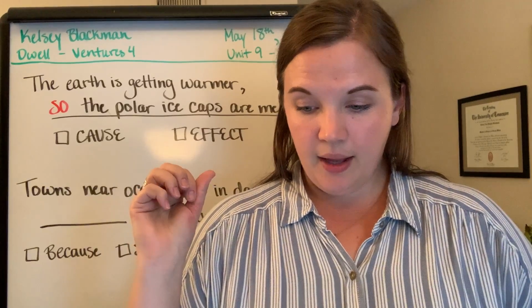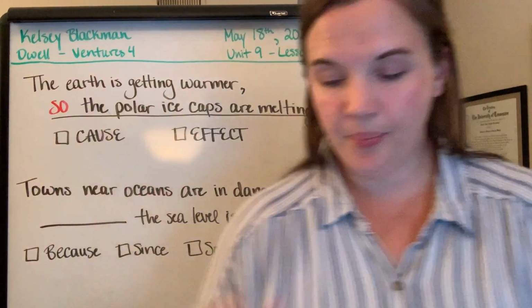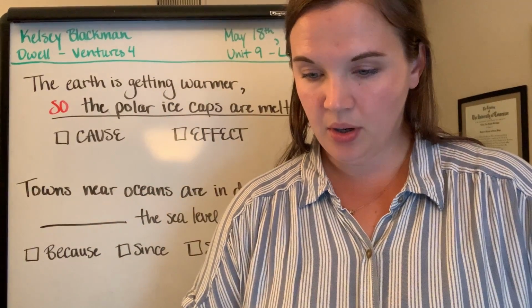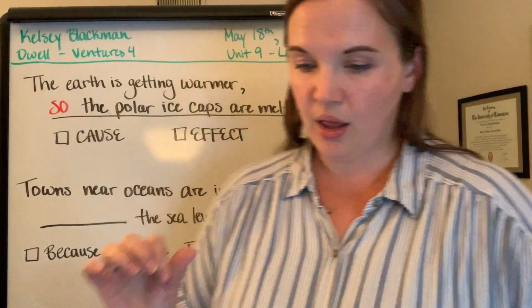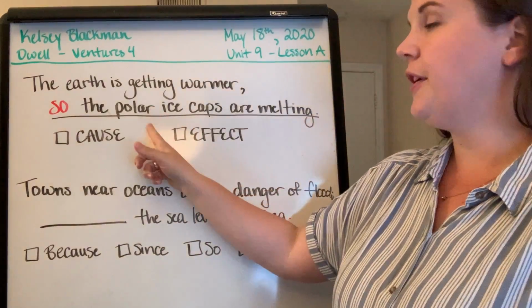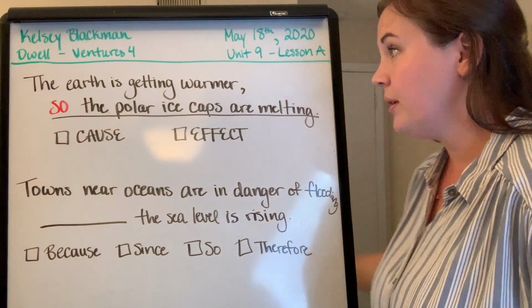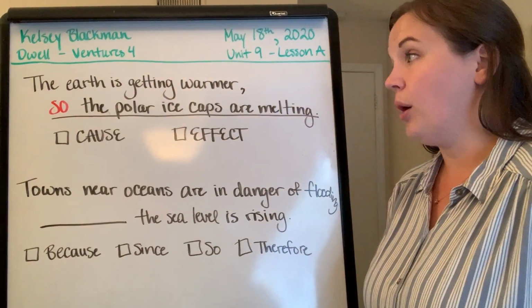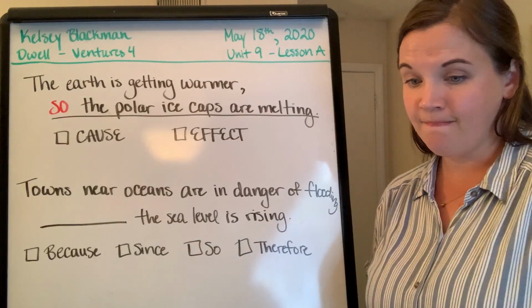All right, let's do a little example. So here we go. Let's read the sentence first of all, shall we? The Earth is getting warmer, so the polar ice caps are melting.